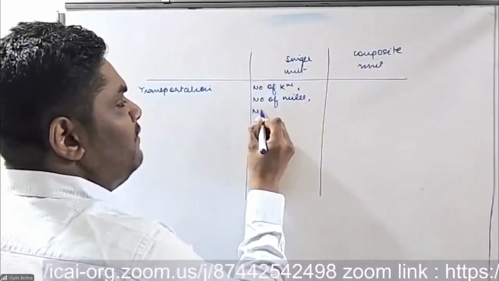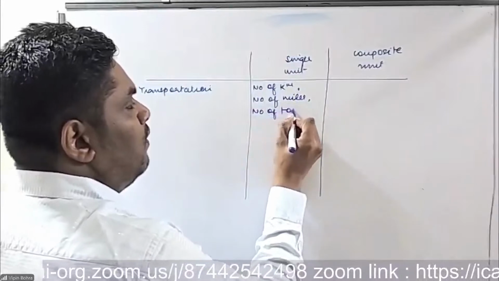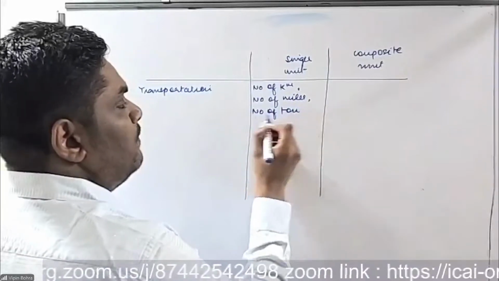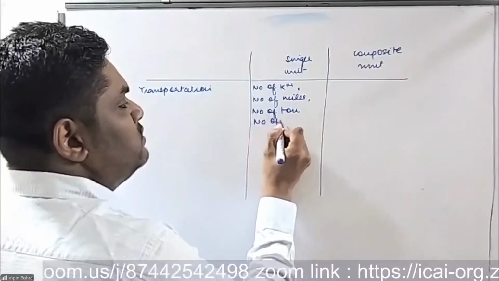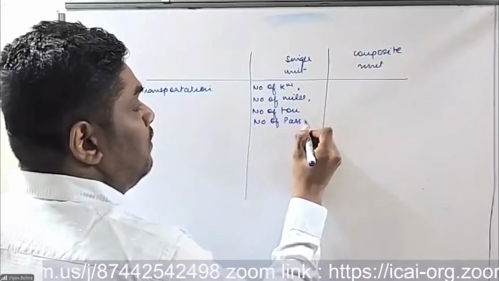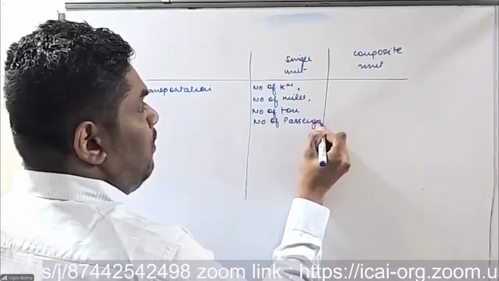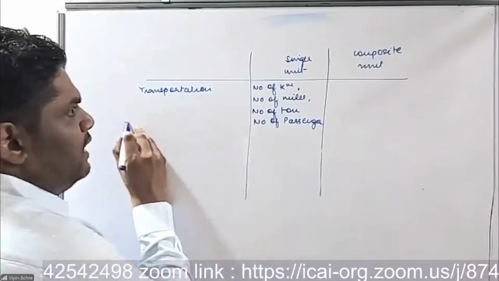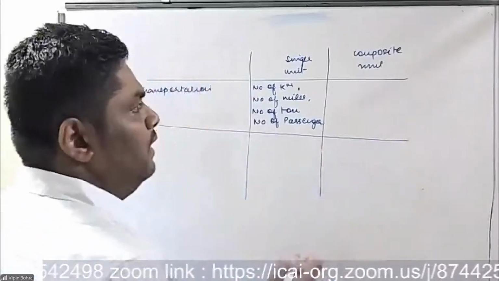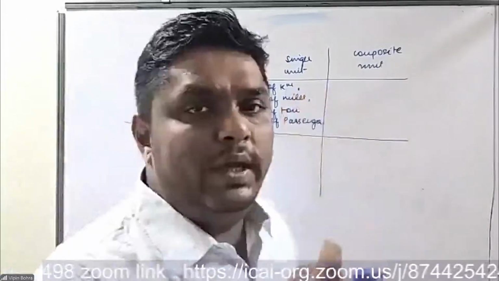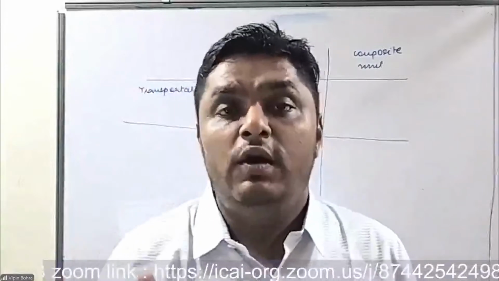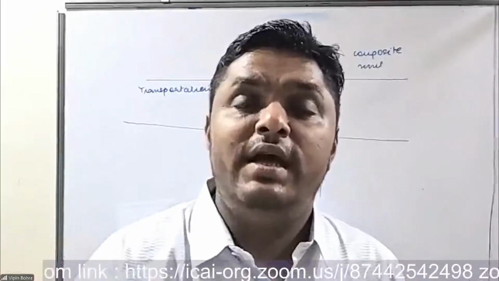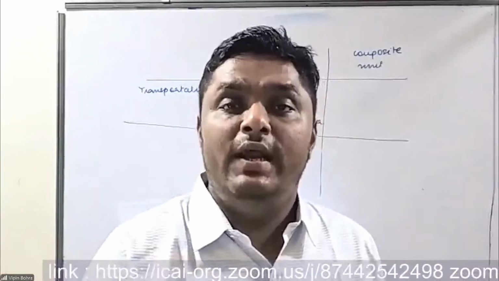We can say number of tons also. Number of passengers also can be the units. But when talking about the composite unit, it will be two units together, that is passenger kilometer, or ton miles, or ton kilometer.